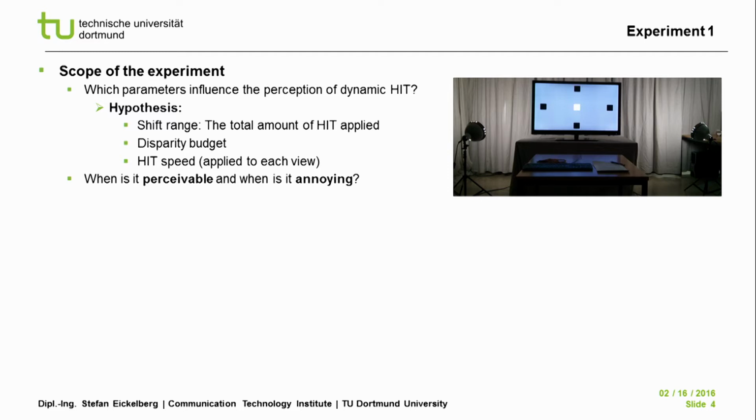And we hypothesize that there are certain parameters influencing the perception. The main parameter is obviously the horizontal image translation speed as applied to each view. And we also hypothesize that the disparity budget might influence it, and the total amount of shift we apply to the views.